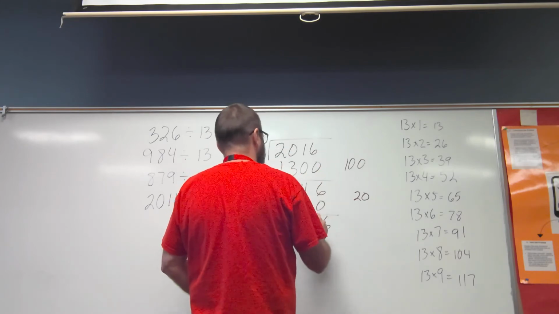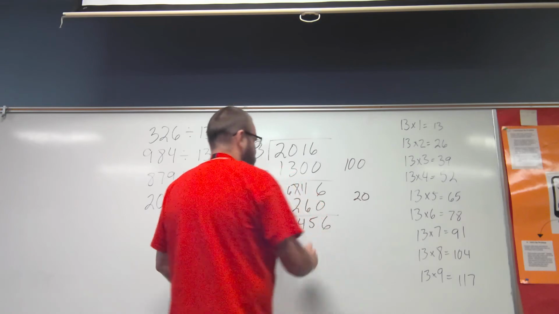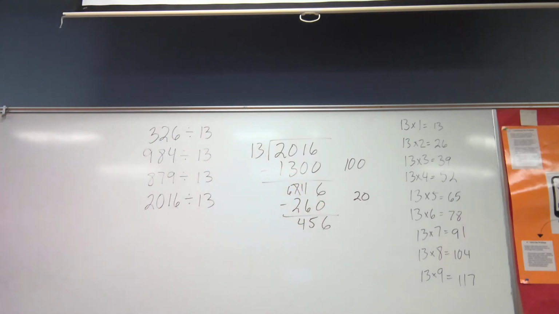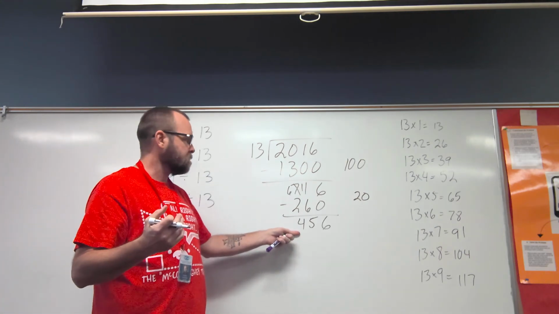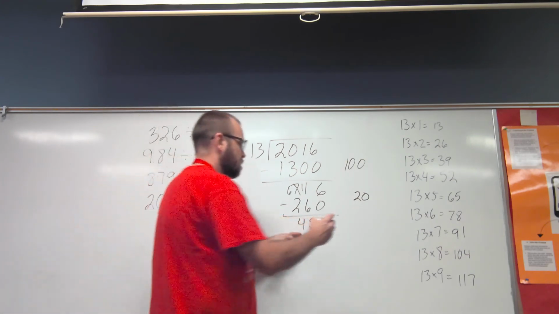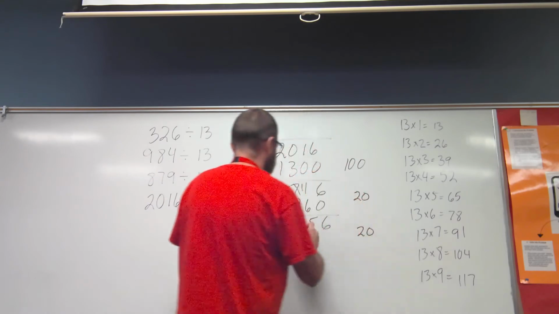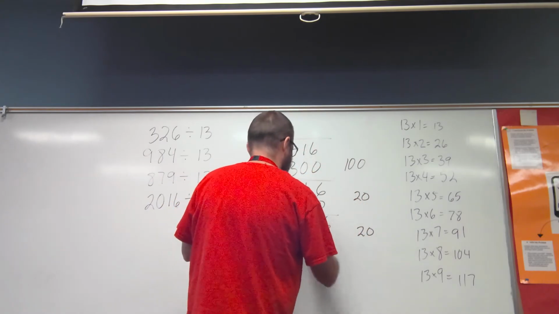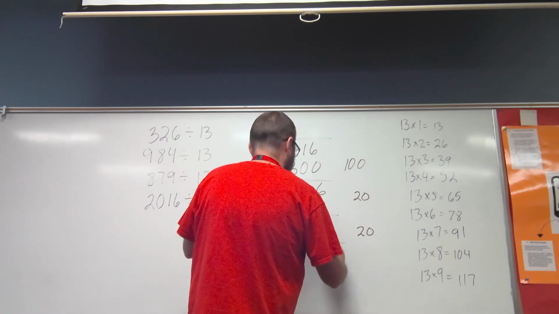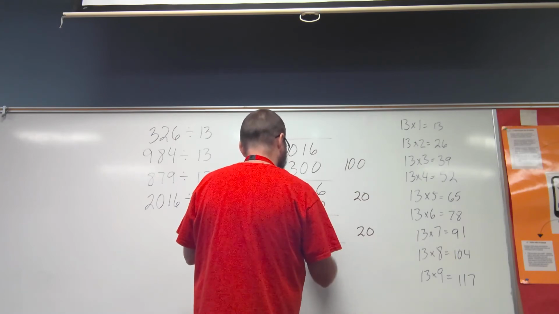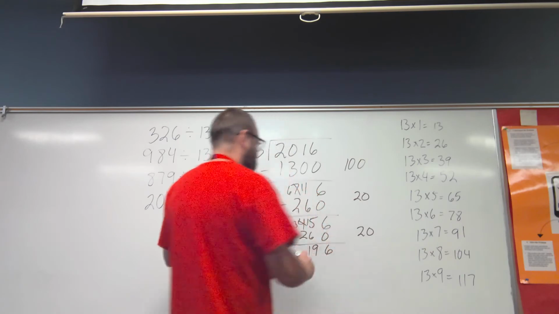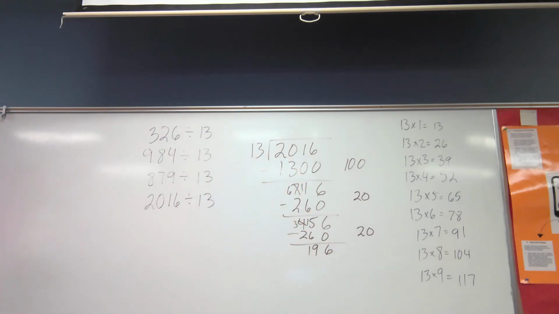So 456. Could I go 20 again? I have 456. Yes, I could go 20 again because I know that's 260. And that's 6, and that's 315, 9, 196. So can I go 20 again?